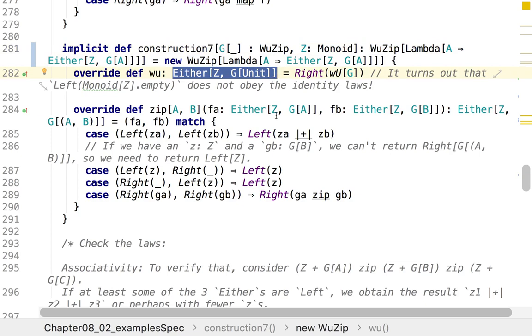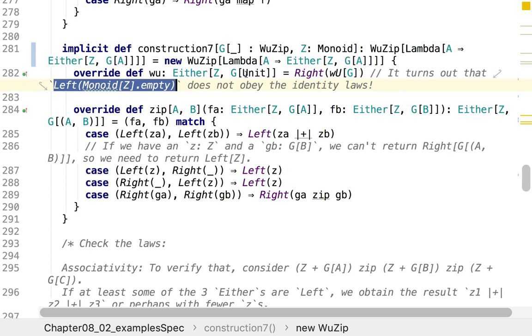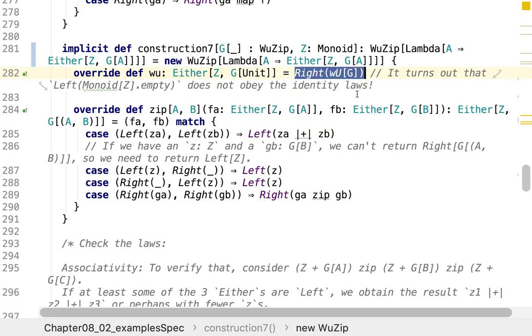We could return a left of the empty monoid value, like this, or we could return a right of the wrapped unit of G. So it turns out in this case that the correct way is to return the right, and the left of monoid of empty breaks the identity laws. We'll see why.